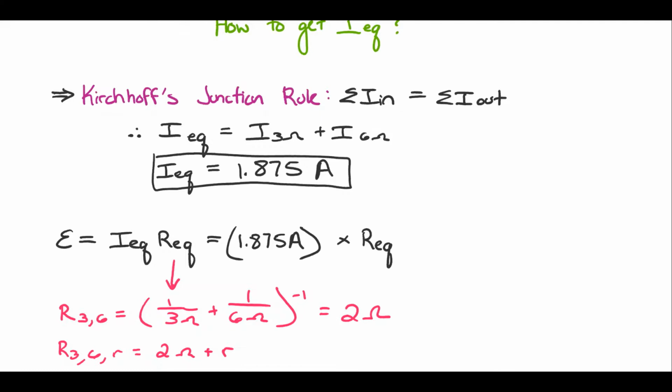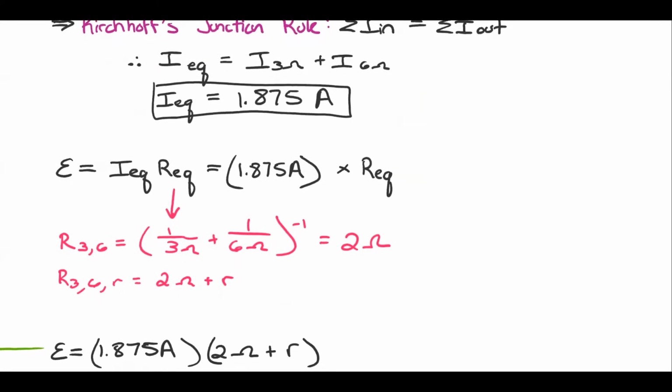Plugging in this new expression we got for REQ, we're left with this. Another equation left in terms of EMF and little r. Well, that's very similar to what we got as our final answer for the open circuit. We have two equations now, both in terms of EMF and little r. Two equations, two unknowns. That means we're ready to solve.